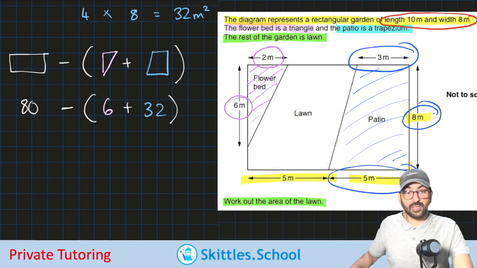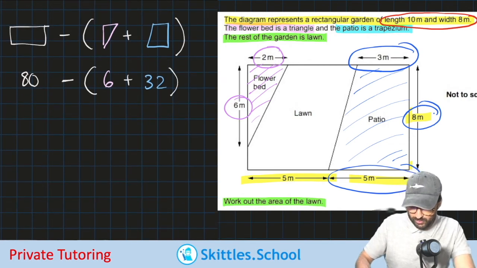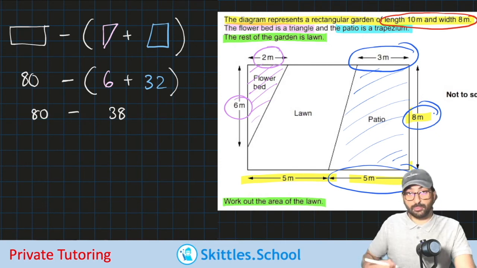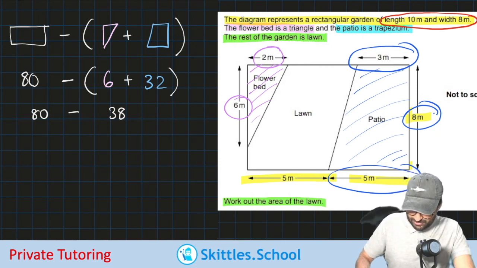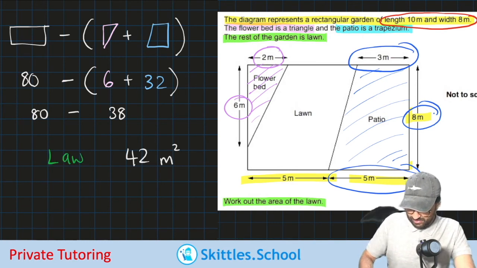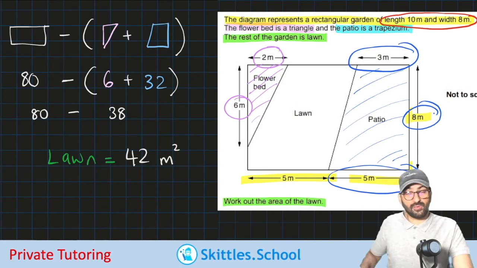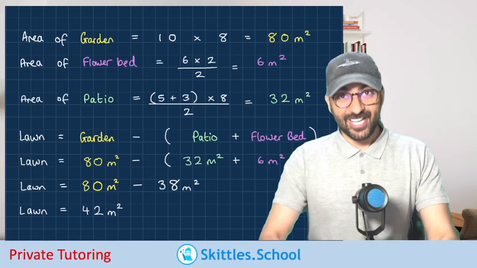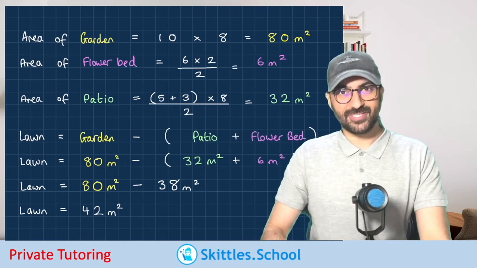And now let's work this out. So 6 plus 32 is 38. And 80 subtract 38 is 42 meters squared. And that is the area of our lawn. And that is all it takes.